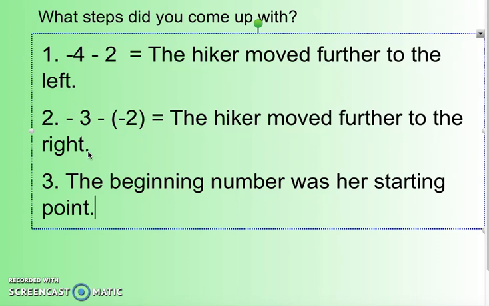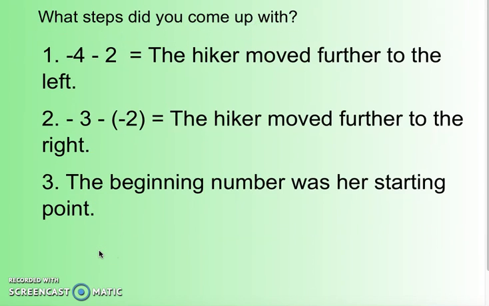Okay, so these are my observations, and we are going to talk about this, because if she subtracts a positive and gets further negative, and then she subtracts a negative and she gets further positive, it's going opposite.